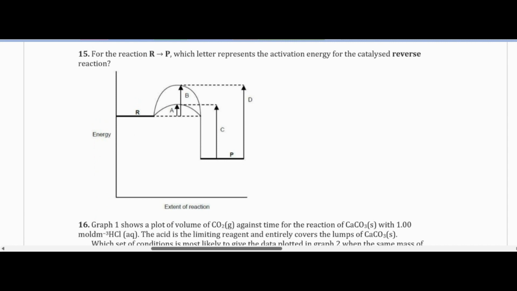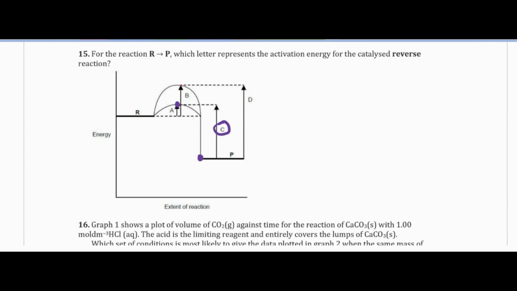Question 15. For the reaction R to P, which letter represents the activation energy for the catalyzed reverse reaction? Okay. So we're looking from P to R, and we're looking for the activation energy. This is the point that we have to get up to, and this is where we begin, so it will be C. That would be for the catalyzed reaction.